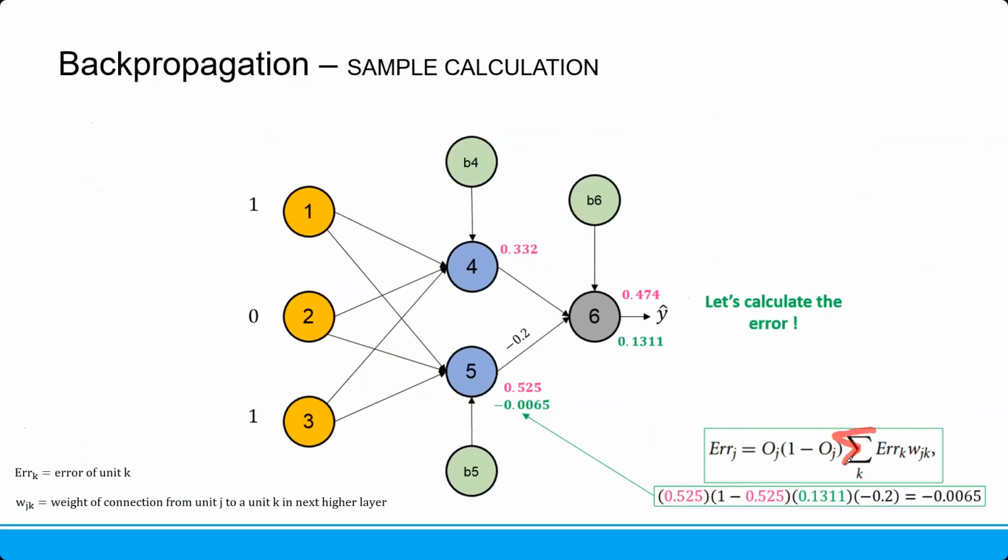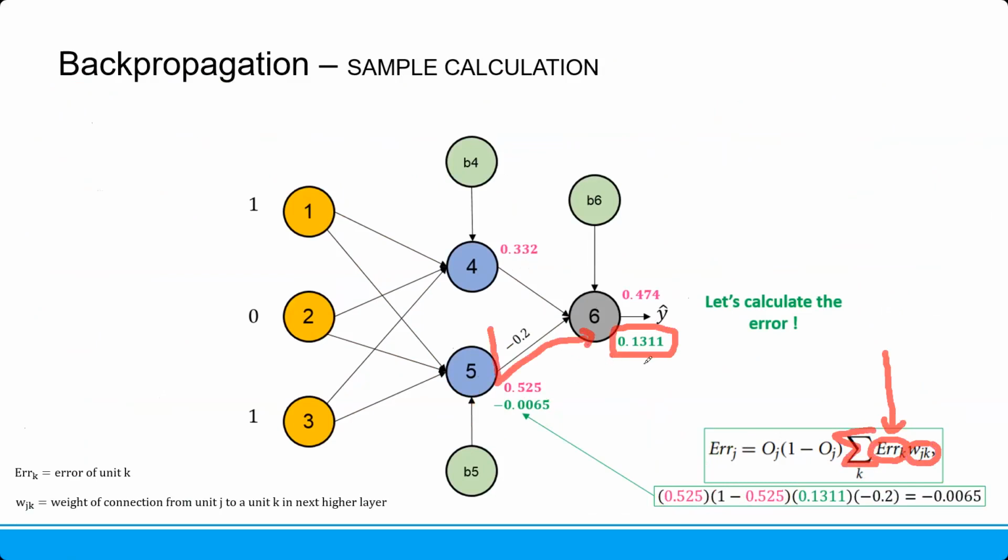This is a summation of the error rate of K multiplied by WJK. What is this error? This error means the error that has been calculated in the layer one step after this layer.